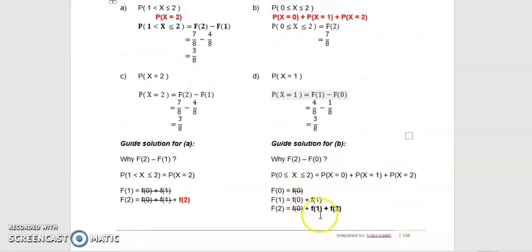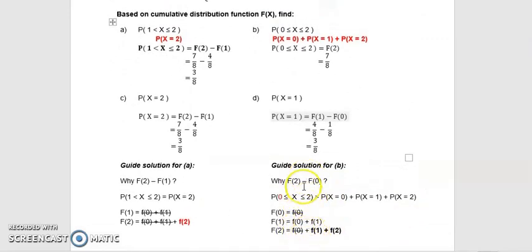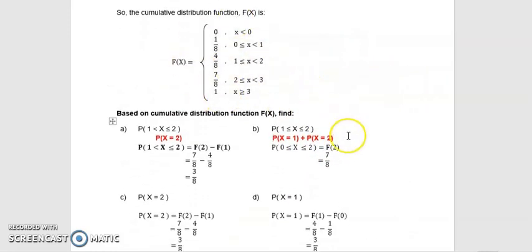Based on this guideline, let's say I change this to 1, so it will be from x equal to 1 to x equal to 2 only. How do we get this probability using the cumulative distribution given here?